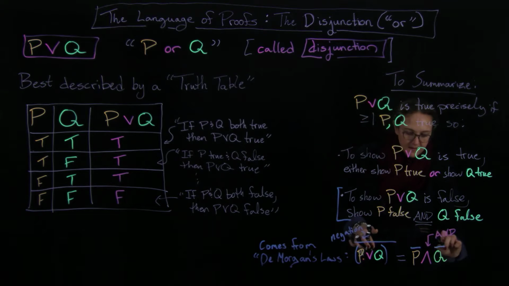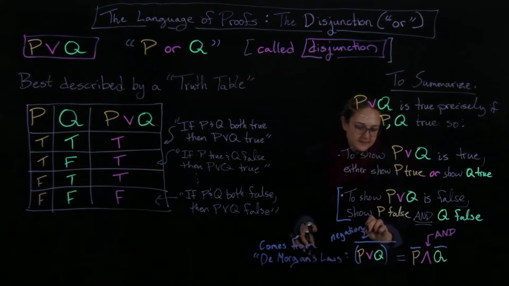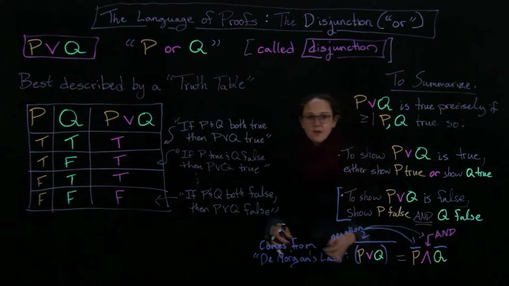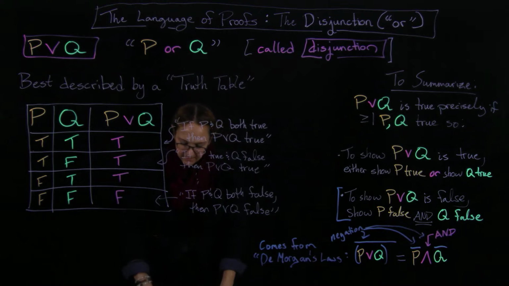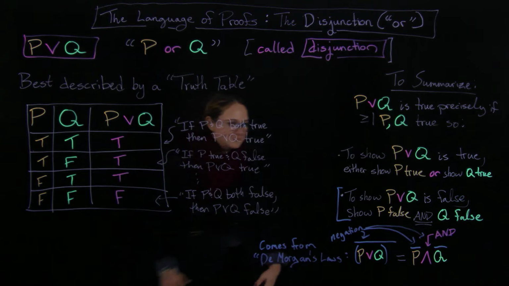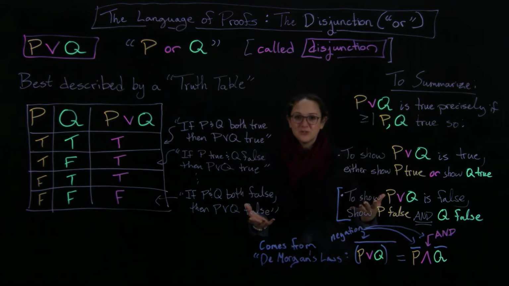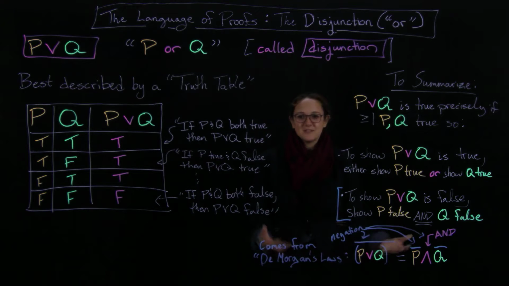So the negation is that one and also that one. Whenever I put a bar over something, I mean I'm negating it. In this context, later it'll mean something else, but when we're doing logic statements, this is how we do it.